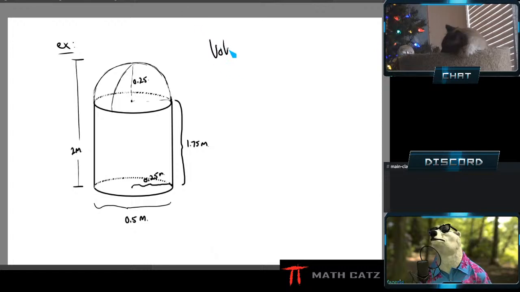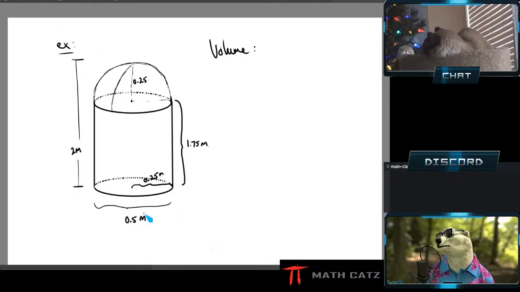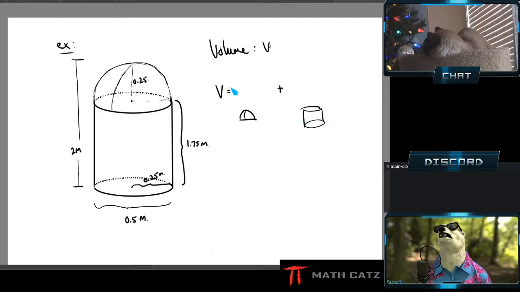Now I want the volume of this dome-like statue thing, which means, of course, I'm going to call V. I have two sections here. I have the dome, and I have the cylinder portion. And I'll add them together.